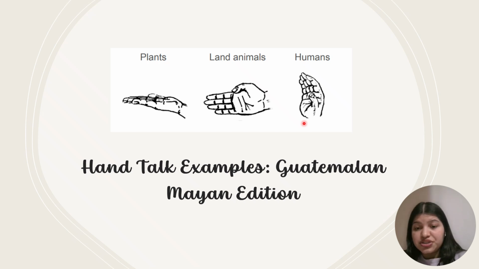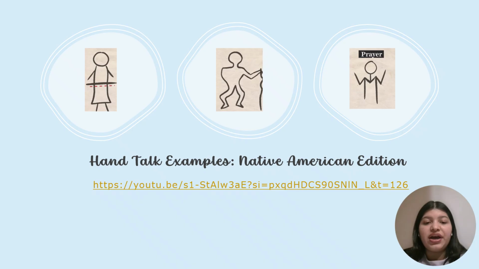And I thought it was interesting because even people who are not indigenous and don't know the sign language use these gestures all over Guatemala when describing someone or something. So I thought that was pretty cool. Now we have examples for Native American hand talk, and these three images show the gestures and the actions, AKA the hand talks for certain things.